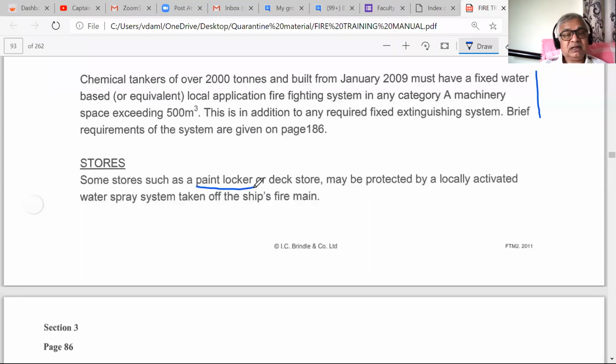This is one method where you have got something like a deflector plate at the end. You manually open the valve, and so there is a sprinkler, but it doesn't have the bulb. That quartz bulb is not there. That is one system for paint locker. The other one is generally a CO2. But this is more common, more economical also.